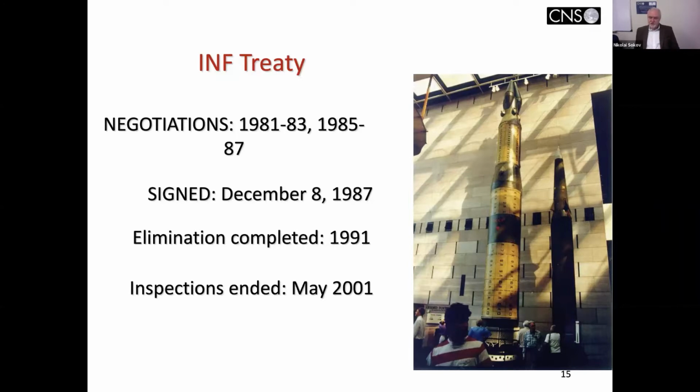It was signed in '87. All missiles were eliminated within 3 years, by the spring of '91, and for another 10 years, the two parties continued to hold inspections and do other verification activities.